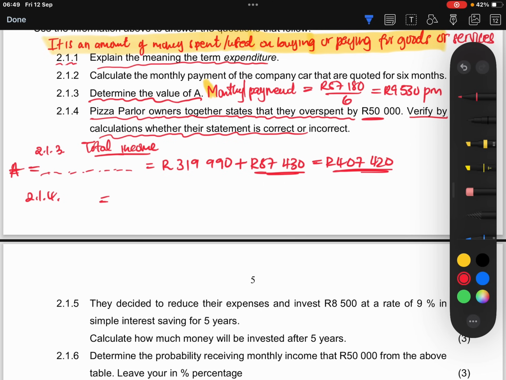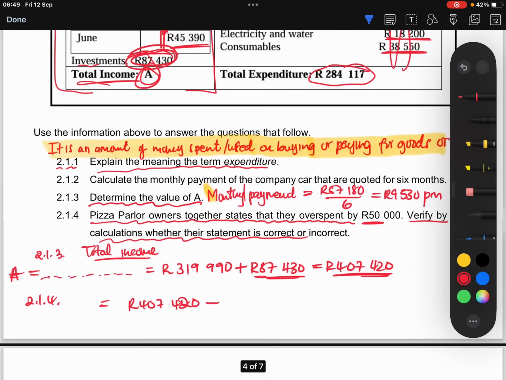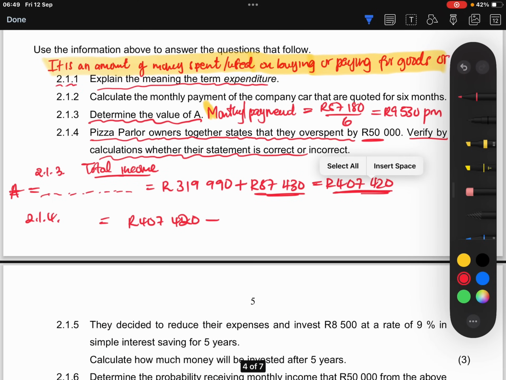We're going to take this amount, 407,420 rands, and then we minus the total expenditure, the total of all of these, which is 284,117. The answer there is what?